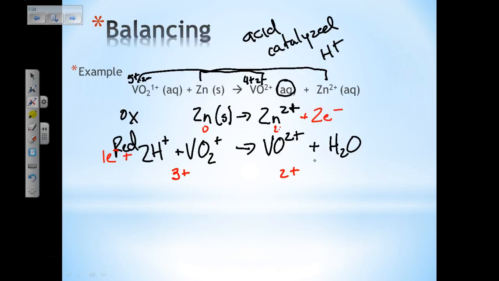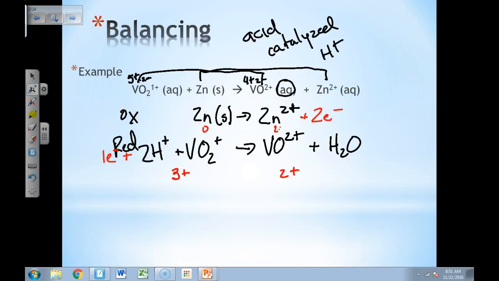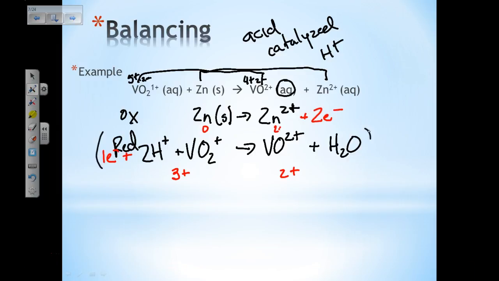Now the next step is to make sure that the number of electrons cancels. How many electrons do we have here? 2. How many electrons do we need? We need 2. By doing that, this lets us perform the balanced redox reaction.